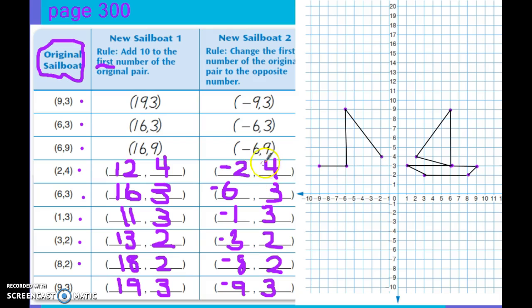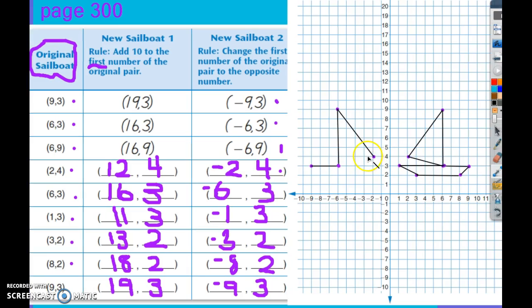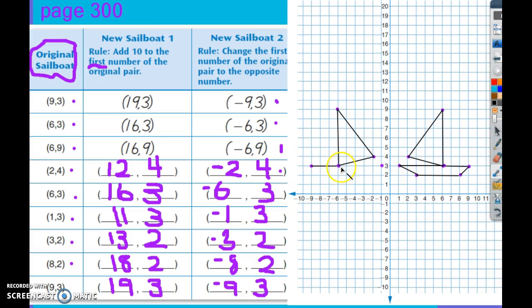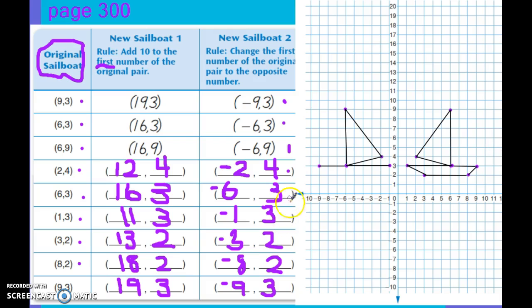So I left off with -2, 4. So I was here. These are all finished. Okay, -6, 3. Over 6, up 3. See, I'm coming back around, finishing up my sail. -1, 3. Over 1, up 3. Connecting my points. -3, 2.